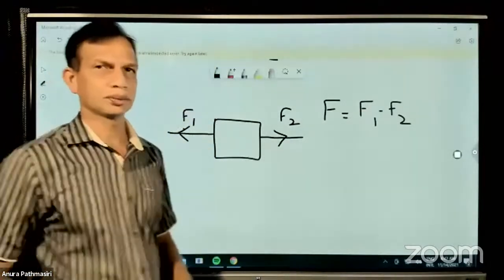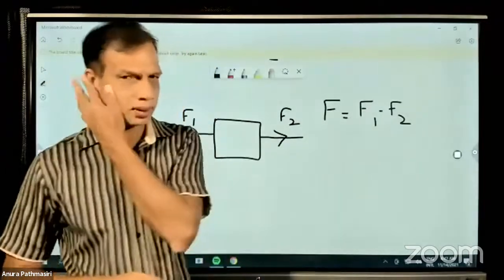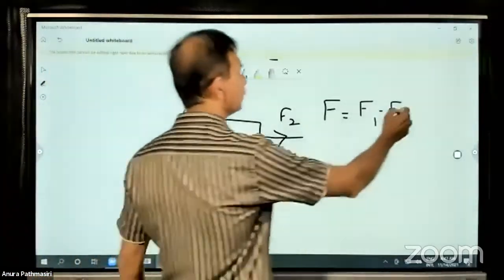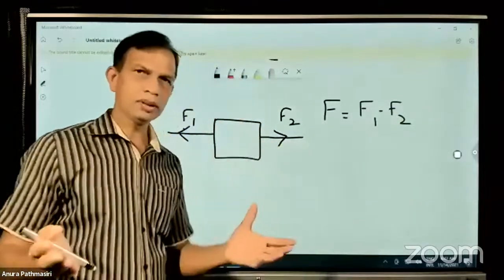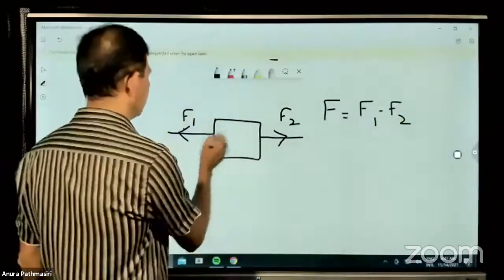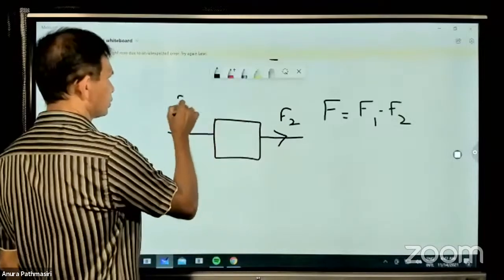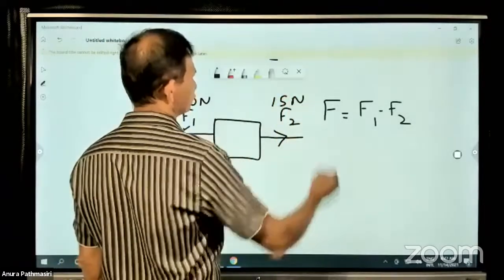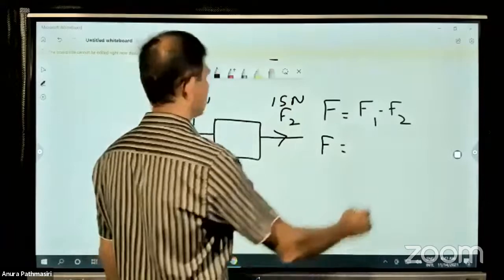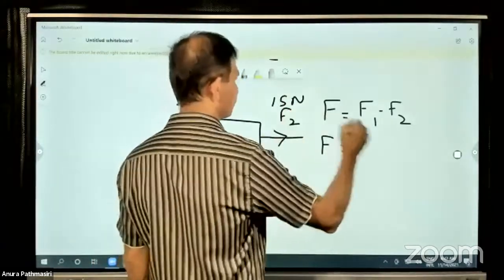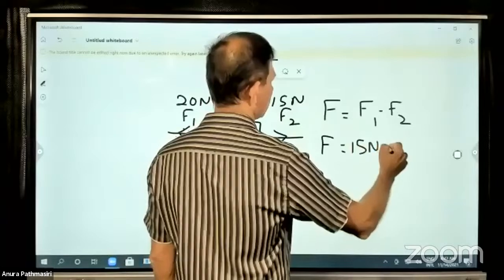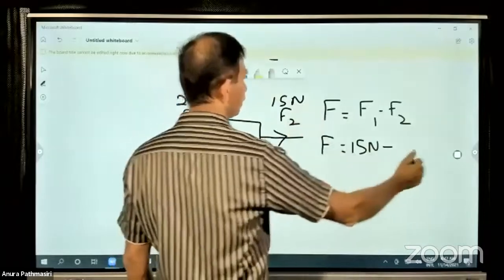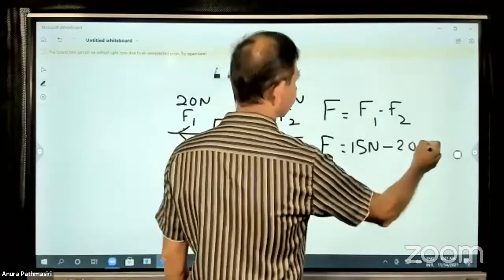And the force should have a direction as it is a vector quantity. The direction will be decided by the larger force. For example, if this force is 20 Newton and this is 15 Newton, first you put 15 Newton and then 20 Newton.